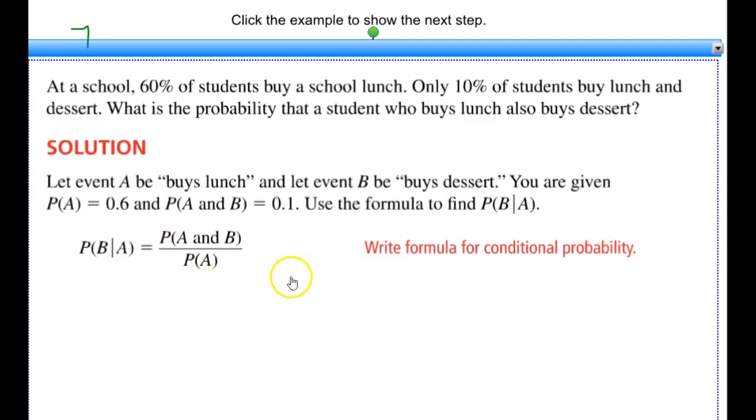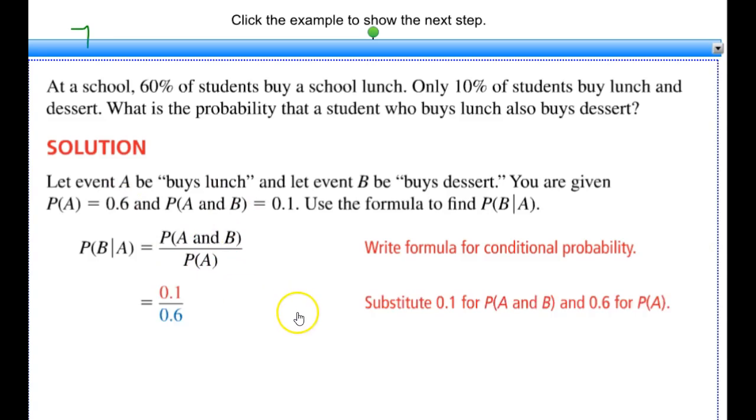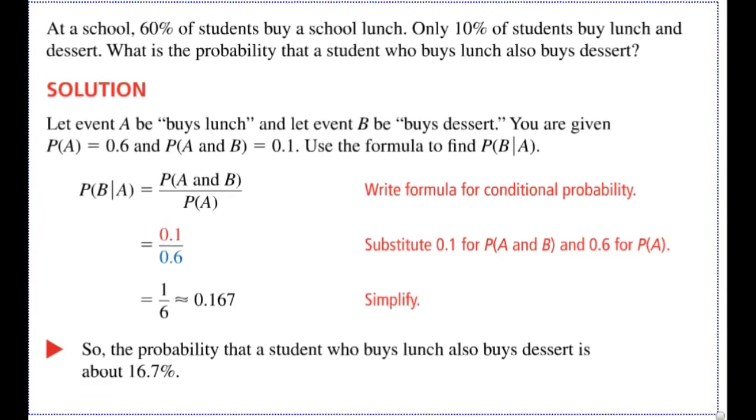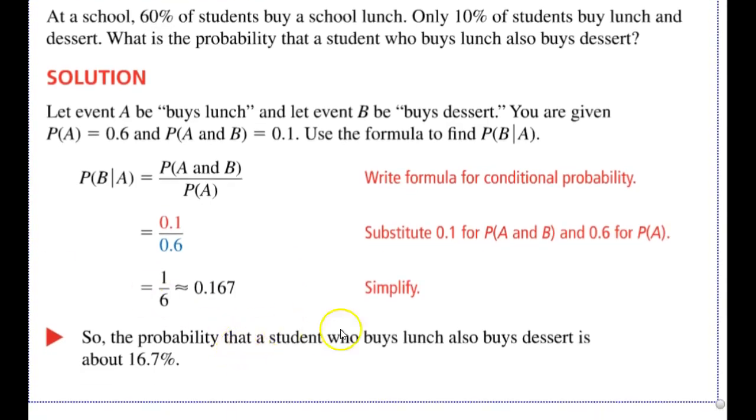So I write my formula for conditional probability: the probability of B given A is equal to the probability that both have happened divided by the probability that A has happened. Now I can substitute the information that I have, simplify my fraction, and go from there. So the probability that a student who buys lunch also buys dessert is about 16.7%.